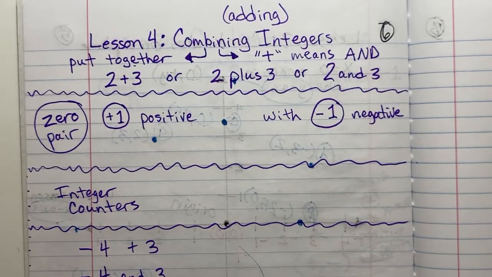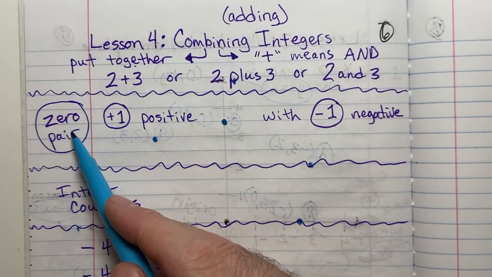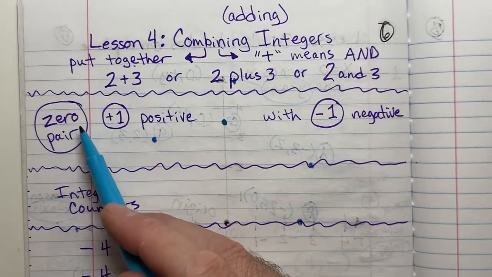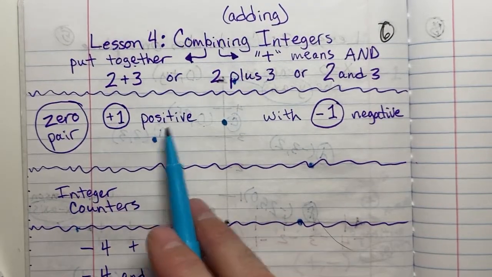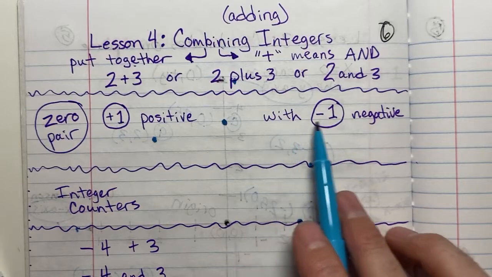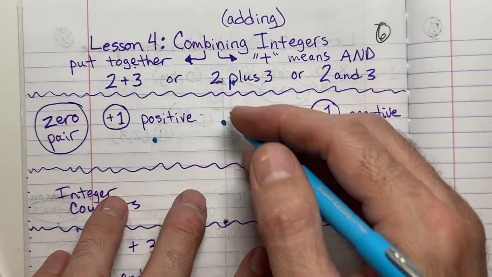Some background of things we need to know is something called a zero pair. A zero pair means we have one positive and one negative.